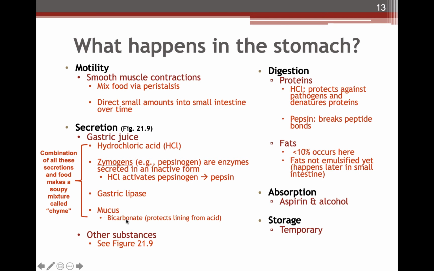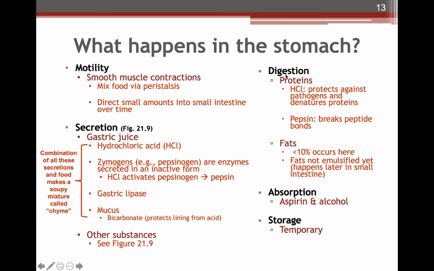Bicarbonate will neutralize acid as it gets close to the walls of the stomach. And so when the food you eat mixes with this gastric juice, we then call it chyme. It's not just food anymore, it's food plus a bunch of secretions, so we call it chyme.